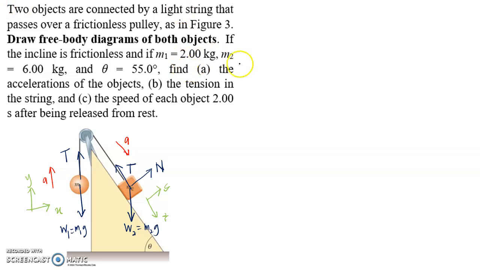So now, with mass 1, because it is of a single y-axis, we're going to be applying Newton's second law of motion, since it experienced acceleration, which is total force is equal to ma.